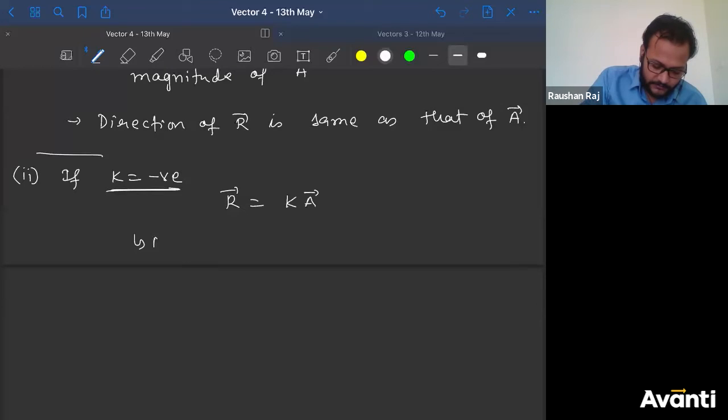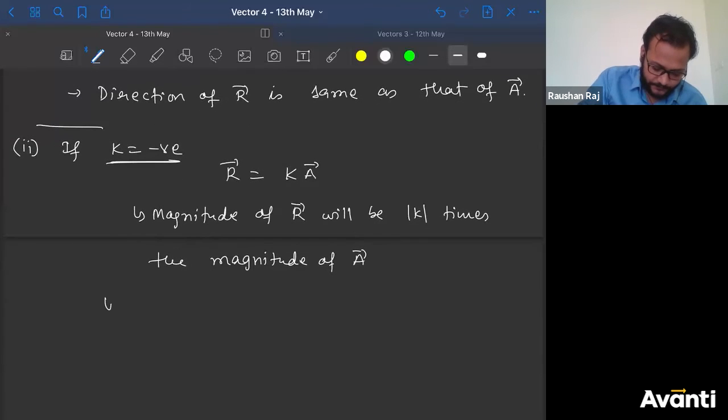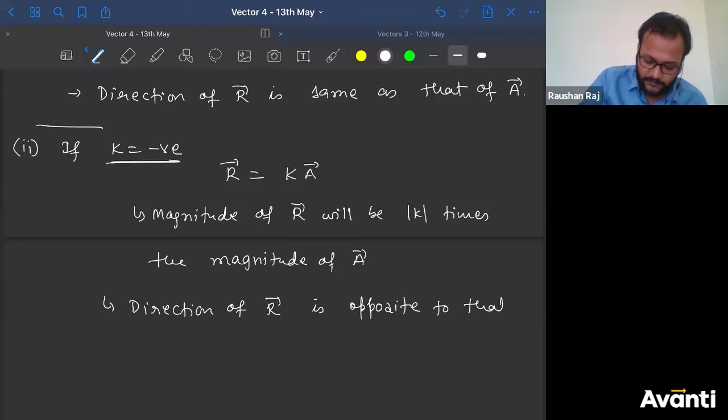Magnitude of r will be modulus of k times the magnitude of vector a, but direction of vector r is opposite to that of vector a. So you have to keep this in mind.